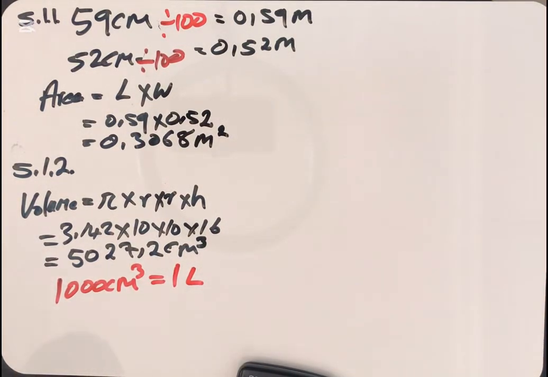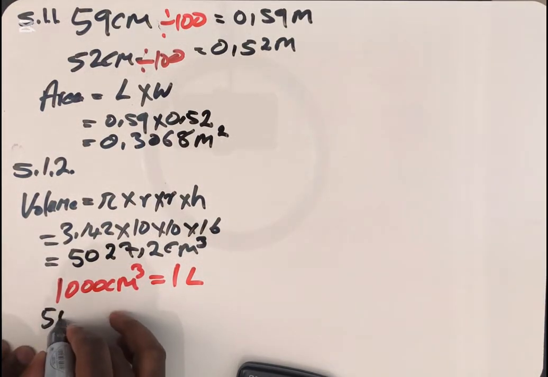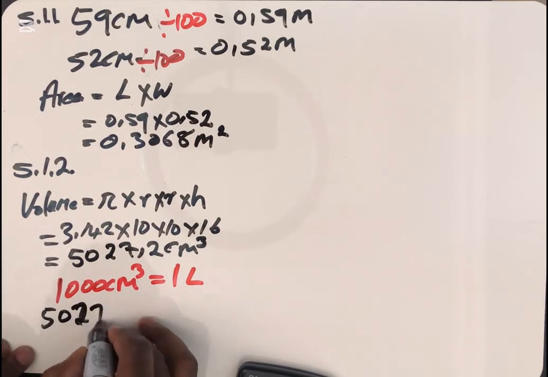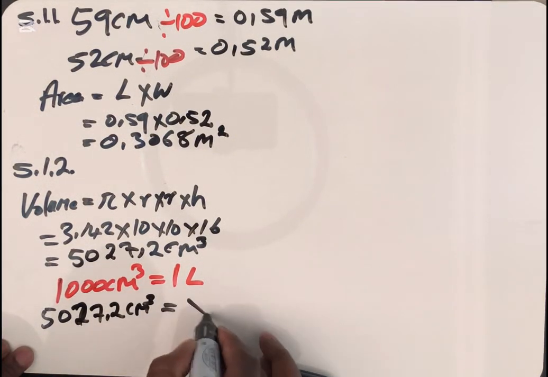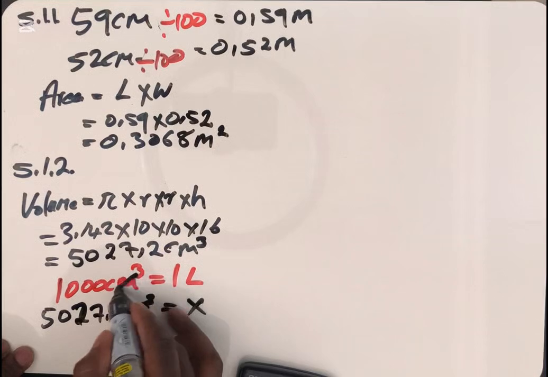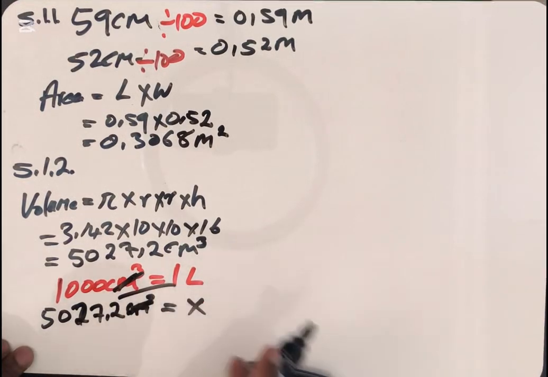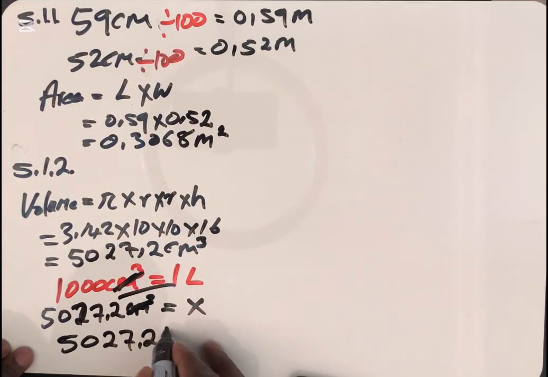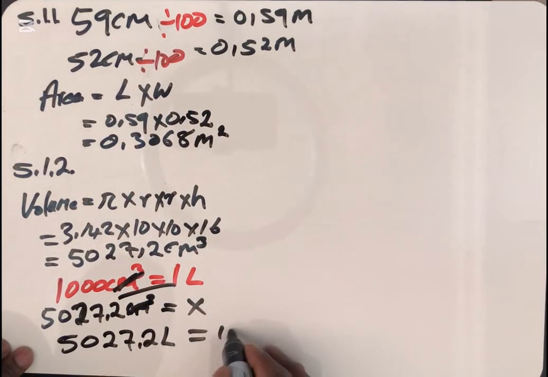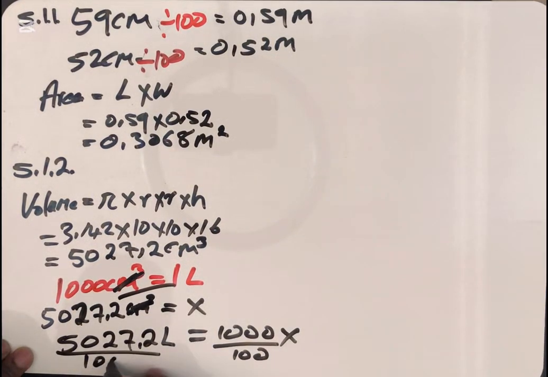Same units, same side. So we are going to write 27.2 centimeters cube is equal to x. Centimeter and centimeter, they will cancel. Then we cross multiply here. When we cross multiply, we're going to find 27.2 liters is equal to 1000 x. We divide by 1000, we divide by 1000.